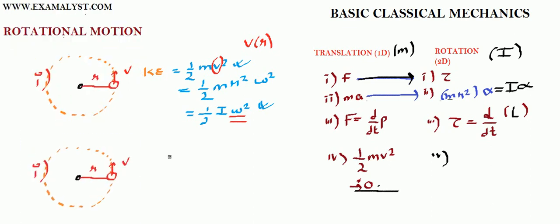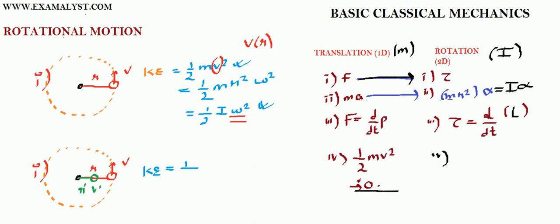Now you just place another object somewhere around here, and let this object be at a distance r dash, and the velocity of this object is v dash. Now if I ask you what is the kinetic energy of this system, what would you say? You would say that we have to add the kinetic energy of both parts.